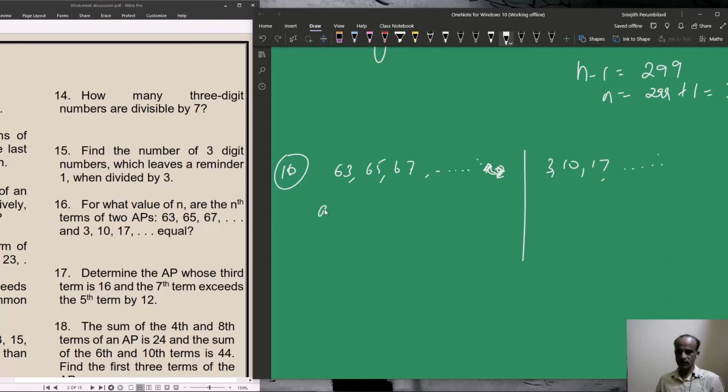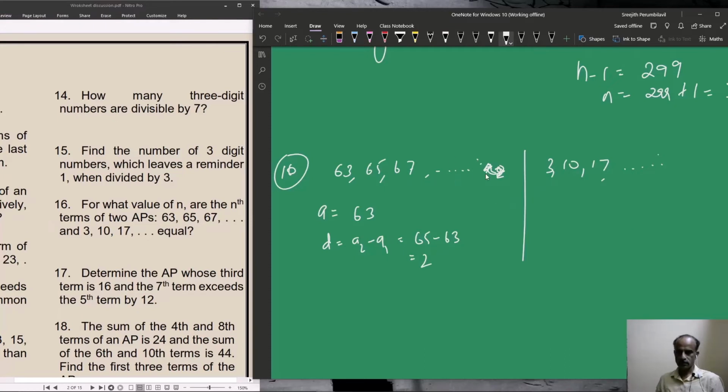This is an AP. We will write the first term is 63 and D is equal to A2 minus A1, that is equal to 65 minus 63, that is 2. Oh no, this is not a decreasing one, it's again an increasing one. I'm sorry, I correct myself, this is also increasing. But here the change is drastic, D is huge.